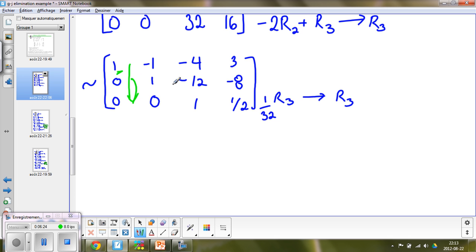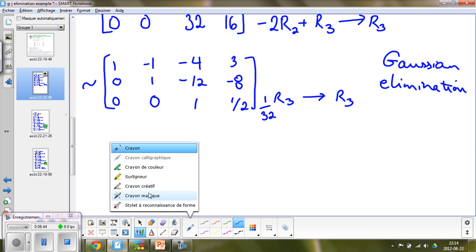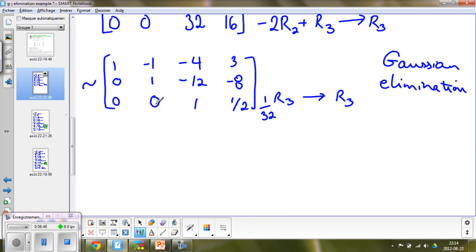Leading 1, zeros under, leading 1, zeros under, and leading 1. That's all good. If we were to stop here, that is Gaussian elimination. We've achieved Gaussian elimination, and we could actually stop there if that's all we wanted, because if you remember that this matrix is just a rewriting of a linear system that we had, it means that we've already found that z equals a half.